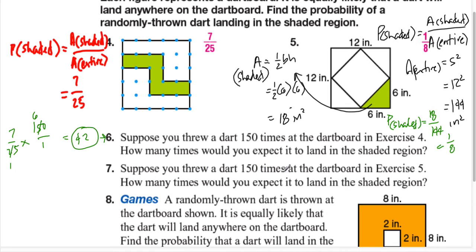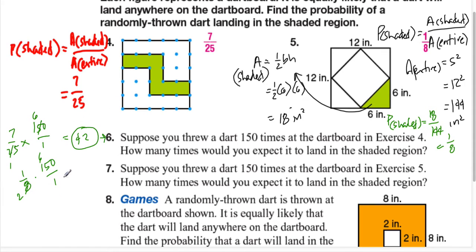Suppose you threw 150 times at the dartboard in exercise 5. How many times would it land in the shaded region? So you get 1/8 and multiply it by 150 over 1 again. That's 150 over 8.